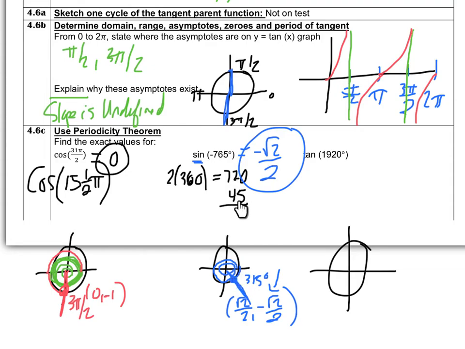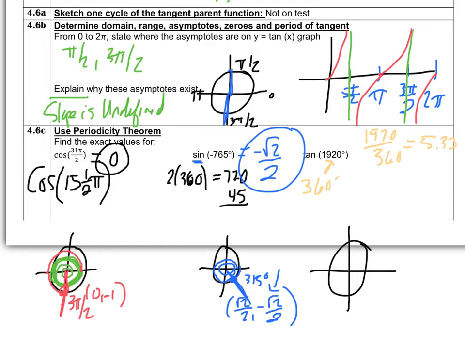Here they want to know the tangent of 1,920 degrees. Again, I'm going to see how many circle rotations that is, and I can't see it really clearly in my head, so what I'm going to do is take 1,920 and divide it by 360. When I do that, I get 5.33. So I'm going to pull out 5 circles from here.